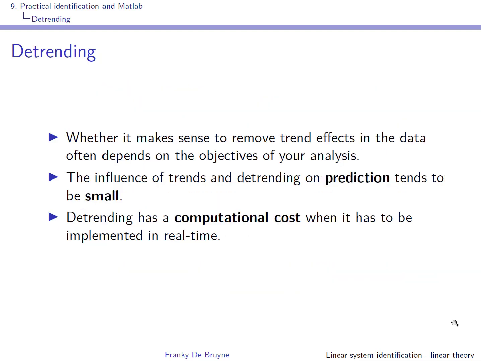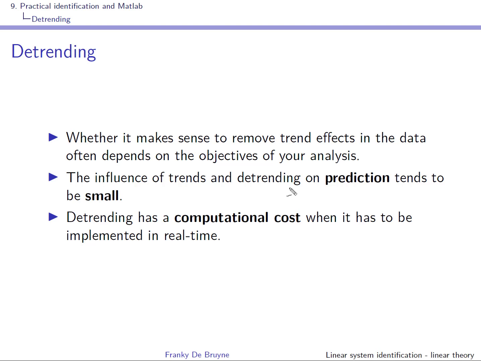So whether it makes sense to remove the trend and use the command Detrend depends a bit on the objectives of the analysis. Typically, when you're doing simulation, or when you put the focus on simulation, it's probably a good idea to use the command Detrend. But if you put the focus on prediction, well, then detrending doesn't bring a lot.